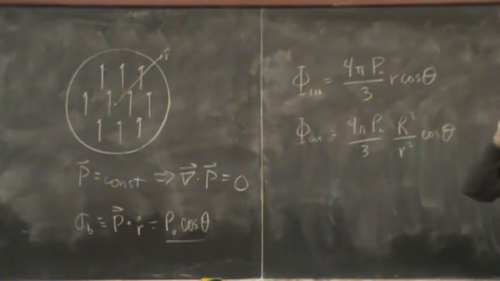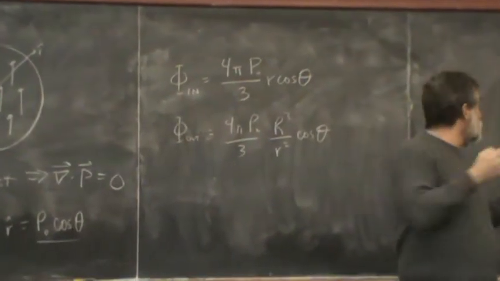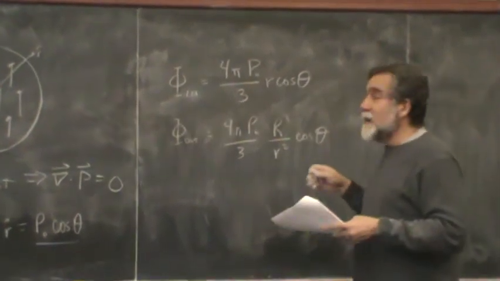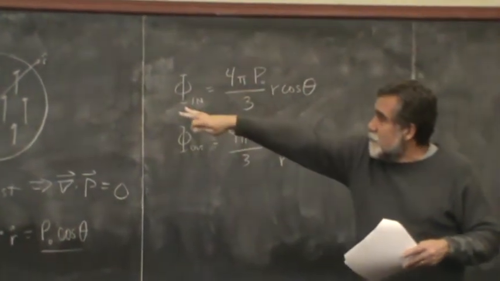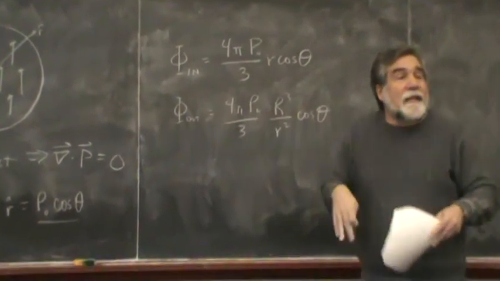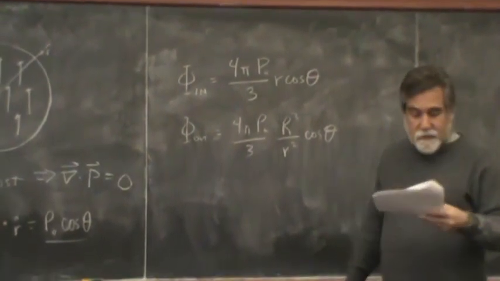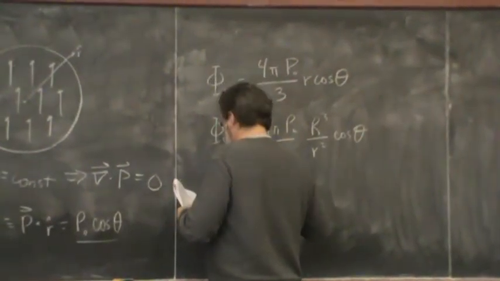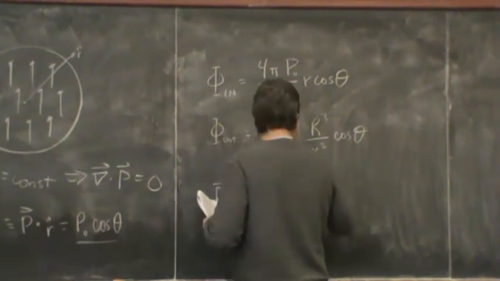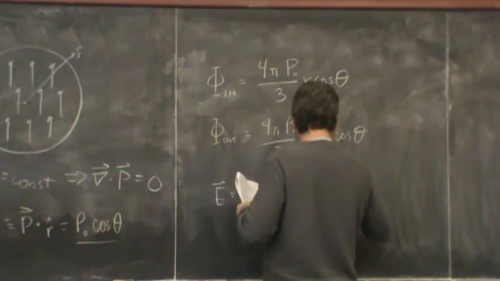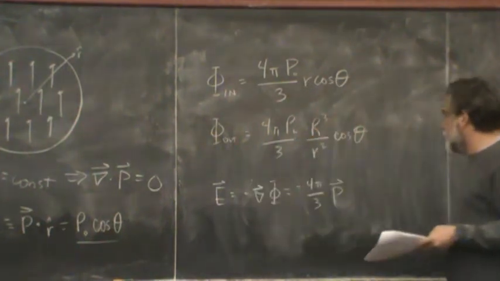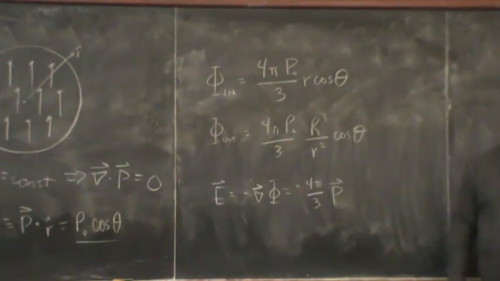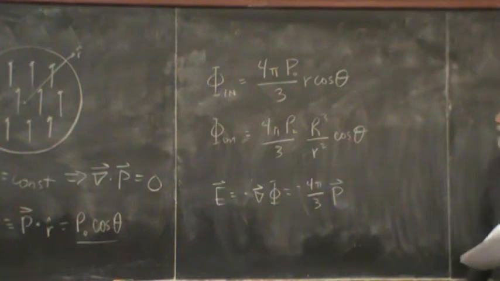We defined what the polarization of the material was using the equations that I erased over here. But now, given that polarization, we can ask, what's the electric field we would measure if we actually measured the field inside the material? The electric field is minus the gradient of the potential, which is minus 4 pi over 3 P. So if you actually went inside the material and attempted to measure the electric field, that's what you would measure.